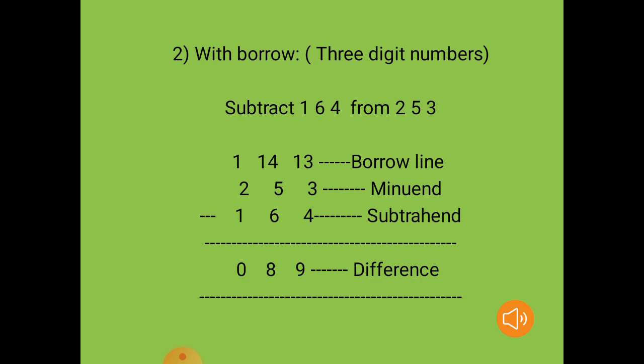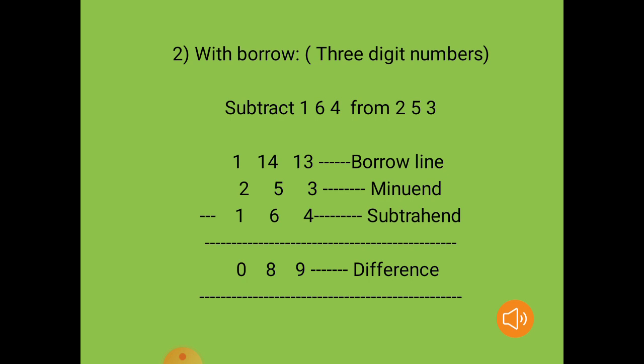Before I begin, I am writing the numbers according to the place values. 3 minus 4 in the units or ones place is not possible, because 3 is a smaller number and 4 is a bigger number. So what I do here is borrow 1 tenth from the tens place.